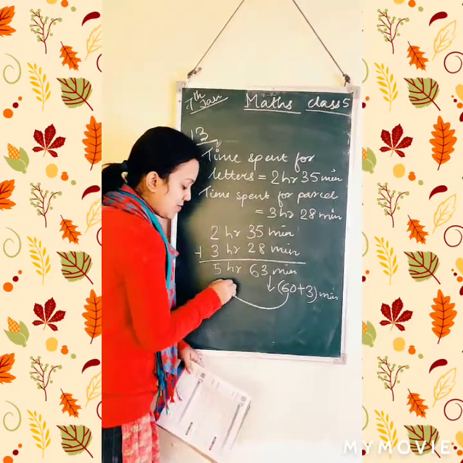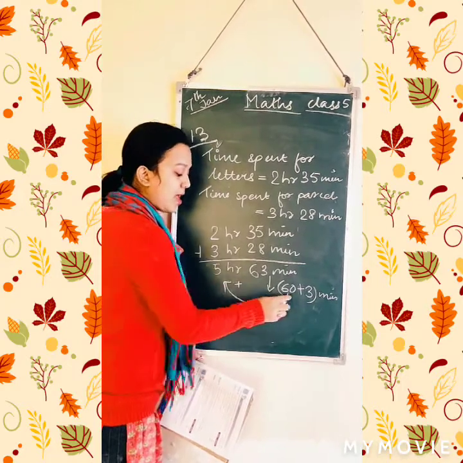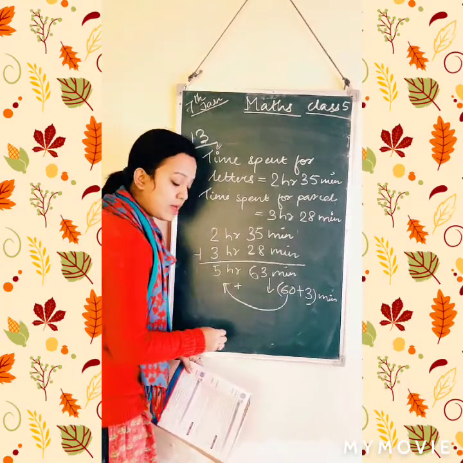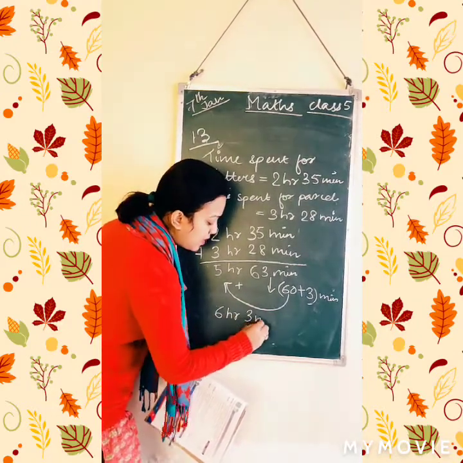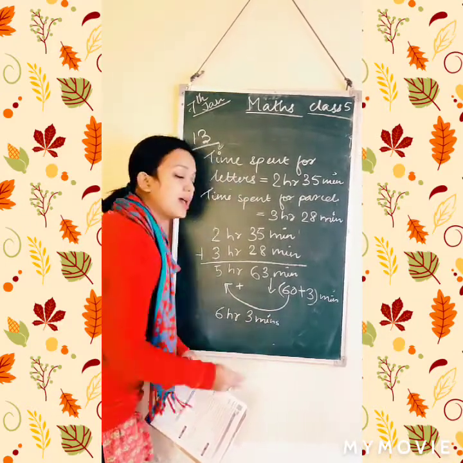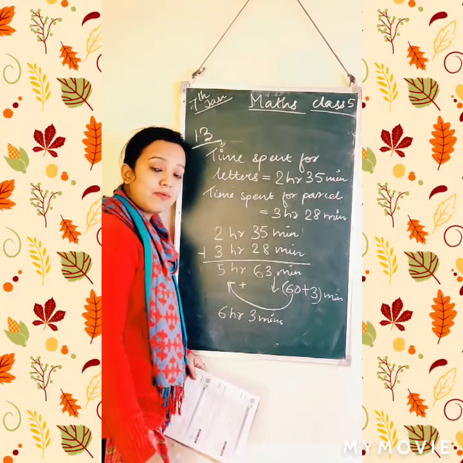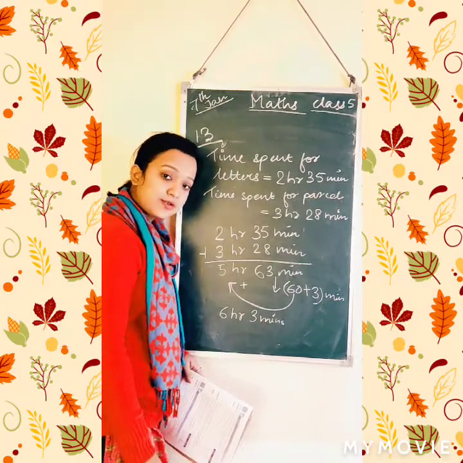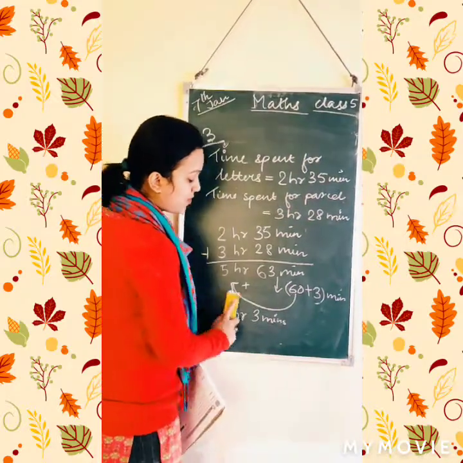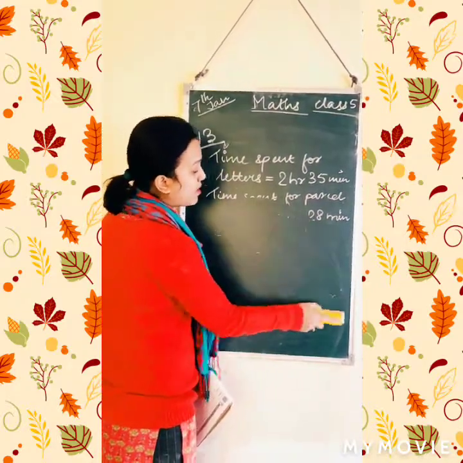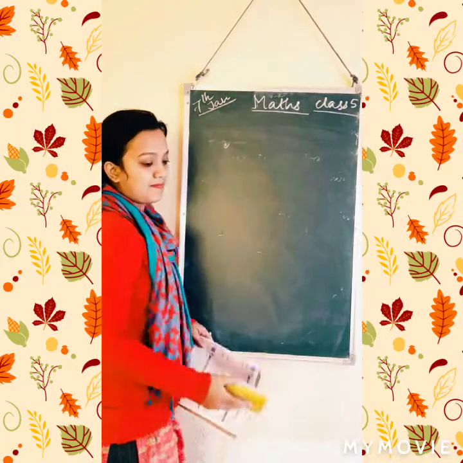So these 60 minutes, I will add it up here, and whatever is remaining is 3 minutes. So now it becomes 6 hours 3 minutes. Okay. So he was there in his job for 6 hours and 3 minutes. In this way, you are going to solve the word problems of your chapter time.